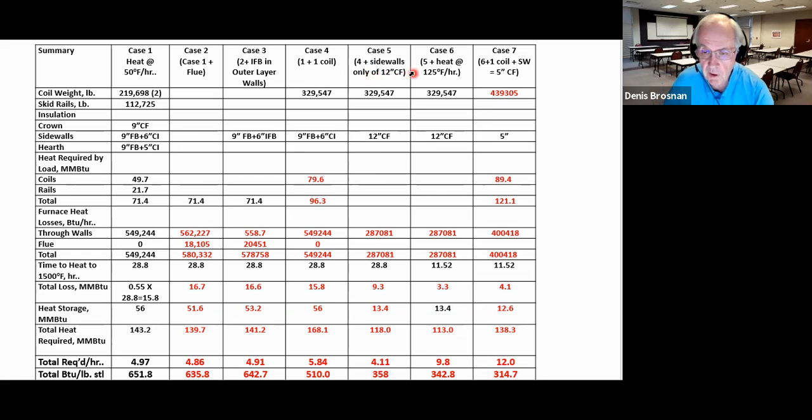Case number 6, I doubled the heating schedule and still had the 3 coils. And case number 7, I'm going to do 2 things: I'm going to add a coil. So now I have 4 in the furnace, because there's plenty of freeboard in the furnace, plenty of height in the furnace chamber to allow me to do that. And I've also reduced the thickness of the ceramic fiber.